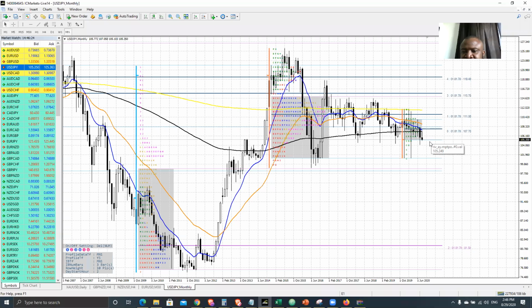So the yen pairs might be that pair for the new week that can start to see significant sell-off. There is a potential fundamental structural restructuring going on in the yen, so that can lead to continuous sell-off.